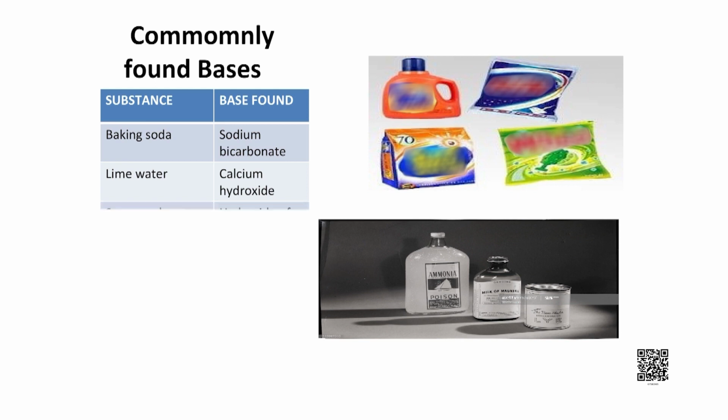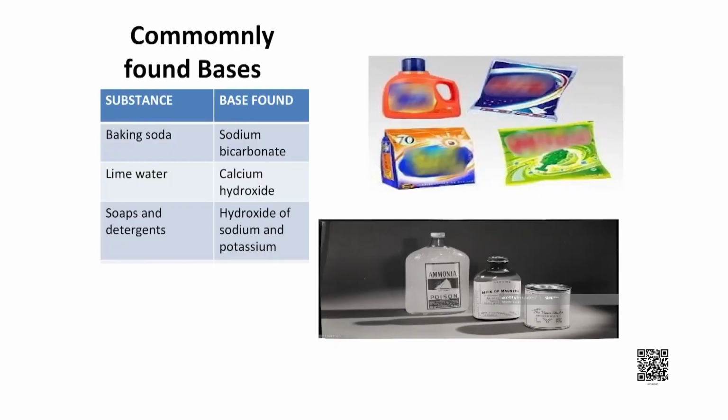Then next are soap and detergents. Soaps and detergents contain sodium hydroxide and potassium hydroxide. So these are some commonly found bases. Another example: do you know what the constituent of window cleaner is? This is simply ammonium hydroxide, dear children. It is time to learn. This is ammonium hydroxide which is used in window pane cleaner.